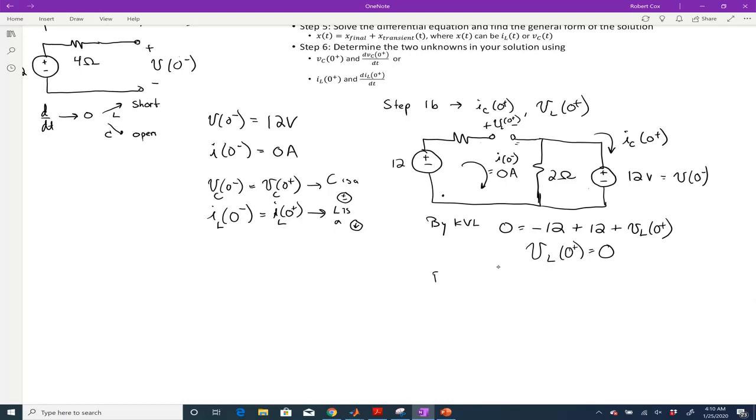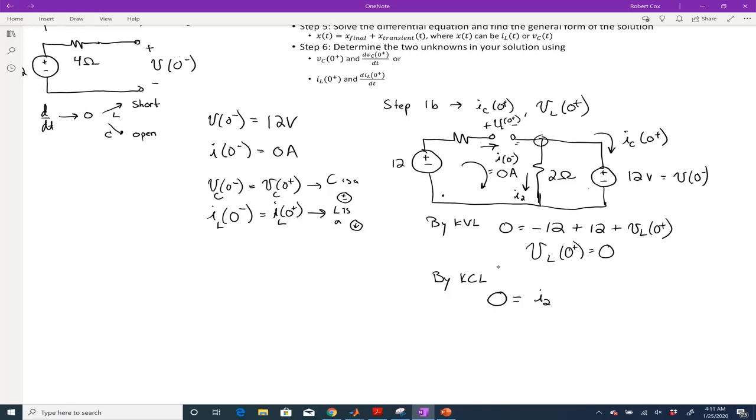All right, now what about I sub C of 0 plus? Well, for that, I'm going to do a KCL at this node right here. Okay? So the current coming in there is 0, right? There's 0 current headed this way. And again, I'll focus on my definitions. That has to be equal to, I called this guy here I2. So the current going in is I of 0 minus, that was 0 amps.